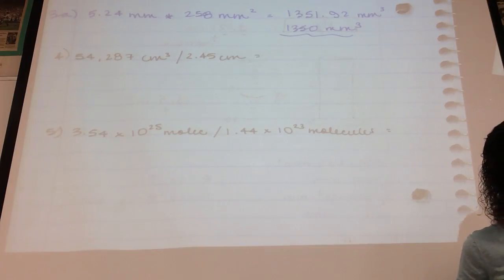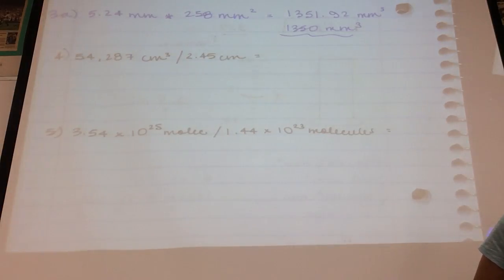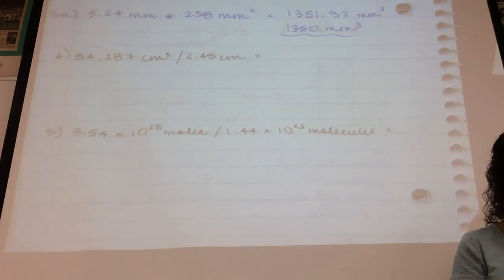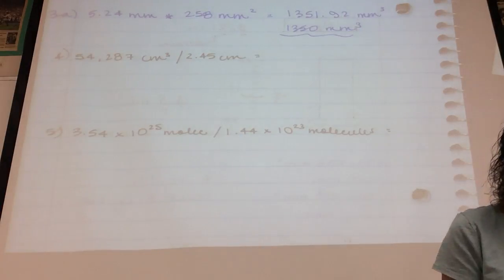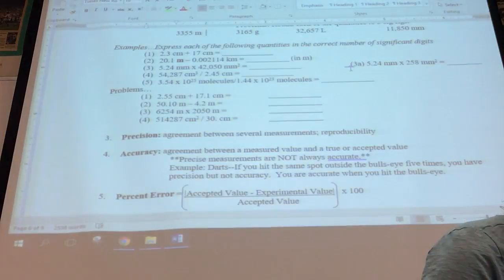Do you want to try 4 and 5 alone, or you want to do them together? How about you try 4, we'll do 5 together. 5's a little weird and it's that calculator issue. So you try 4, which will be back on the screen in a sec.